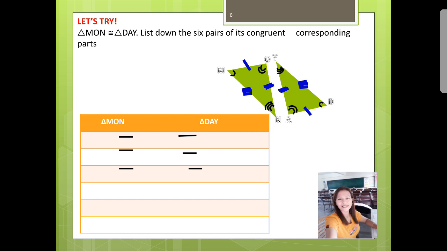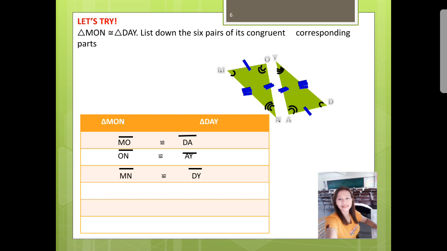So let us start with the congruent sides. Side MO is congruent to side DA. What else? Side ON is congruent to side AY. Side MN is congruent to side DY.